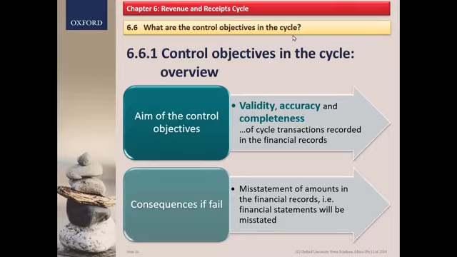So if you want to meet those control objectives, you've got to have internal control activities to ensure that the control environment pertaining to accounts receivable and revenue is actually met.